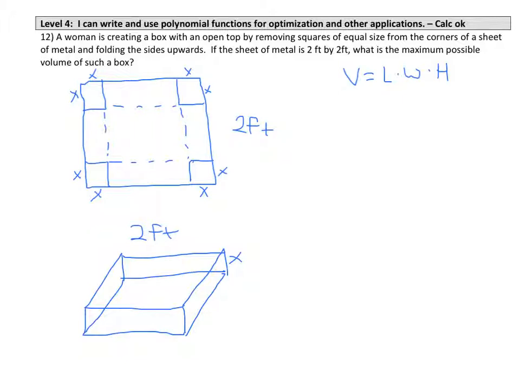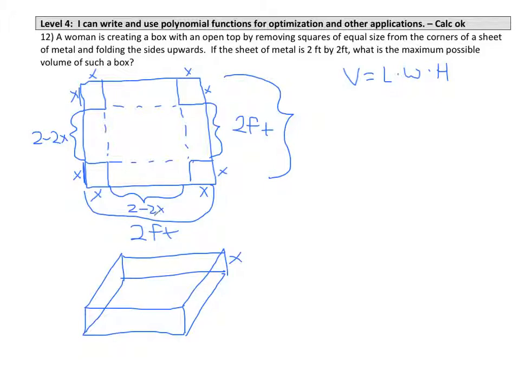Now, if this whole side right here is 2, the expression for this little part, which I'm going to write on this side, is going to be 2 minus 2x, because I would subtract these little x's that we cut out. And then this part right here, since that length is also 2, is going to also be 2 minus 2x.